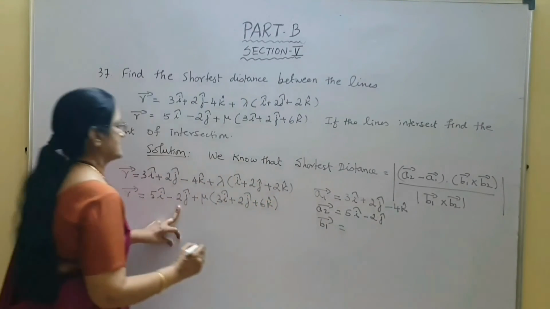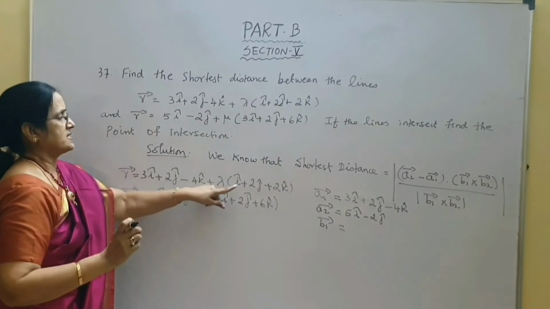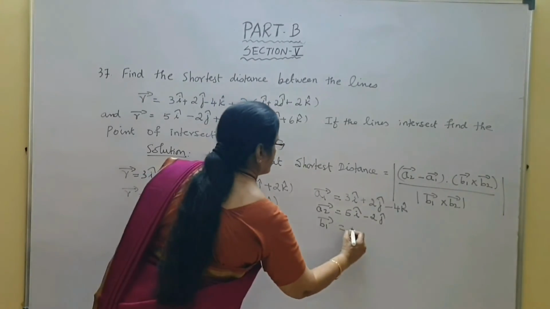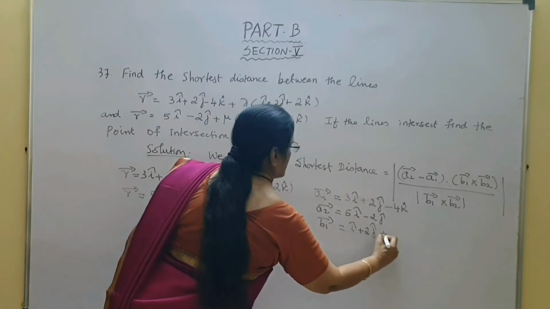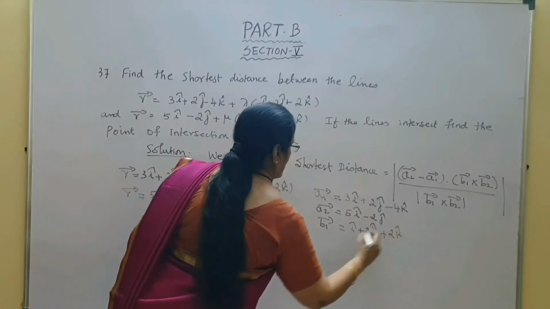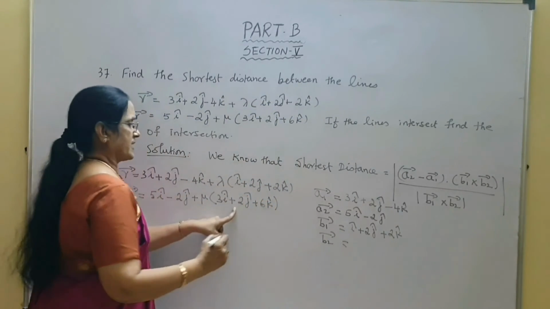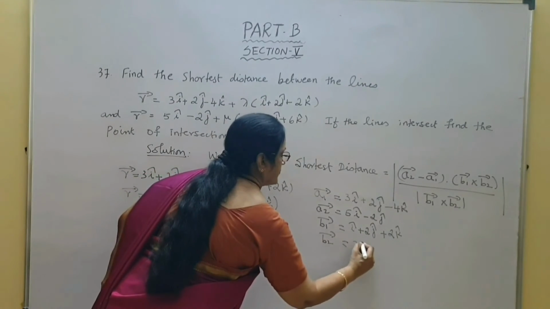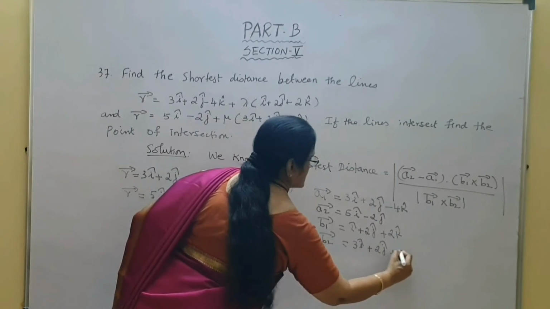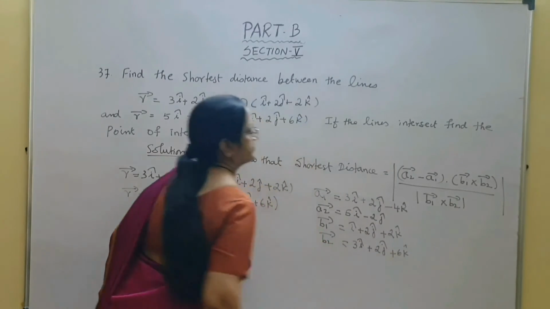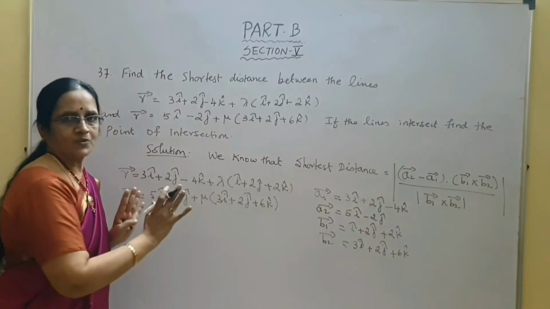Vector B1 is the direction of the first line, that is i cap plus 2j cap plus 2k cap, and vector B2 is 3i cap plus 2j cap plus 6k cap. That's all. Whatever things are necessary, we have written it down.